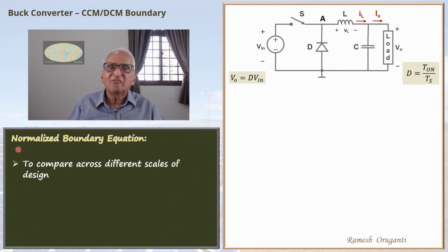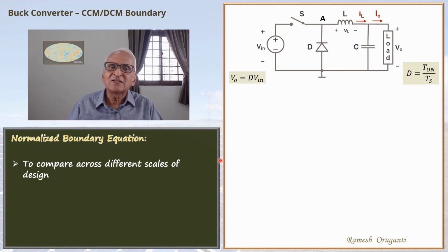Suppose I have designed a buck converter, a 100 watts converter operating at 100 kilohertz. Another person has designed a buck converter operating at 10 kilohertz and delivering 5 kilowatts of power. How do we compare the two?